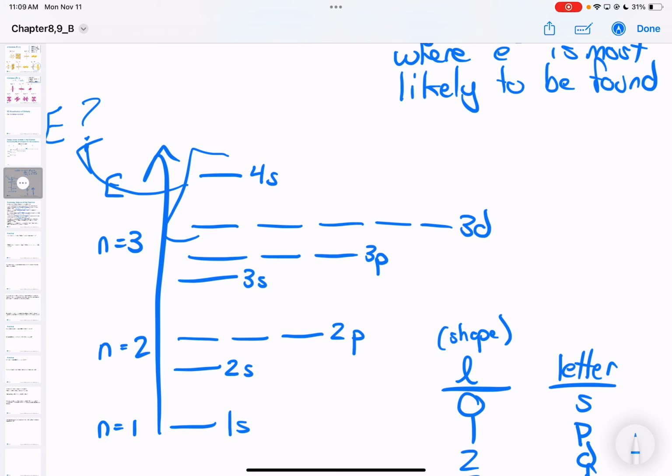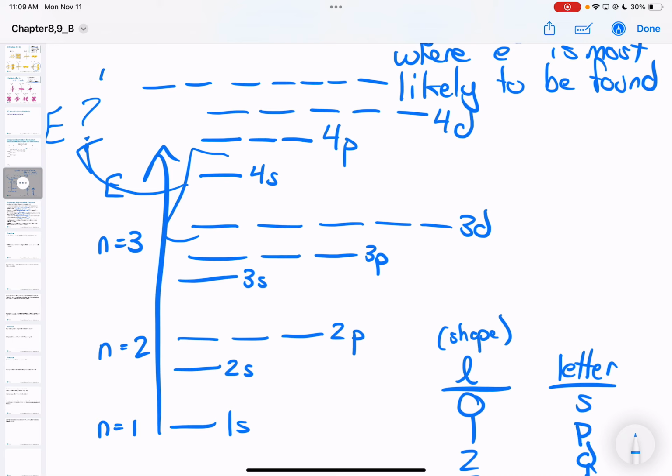We're going to talk about that in the beginning of chapter 9. So don't hold me to the way I'm drawing this right this second, but I want you to see the difference between 1, 2, 3, and 4. Okay? So then we get the 4p, the 4d, and the 4f.